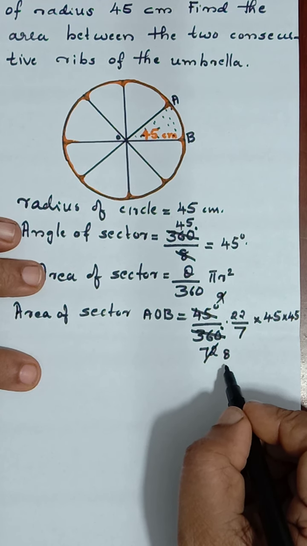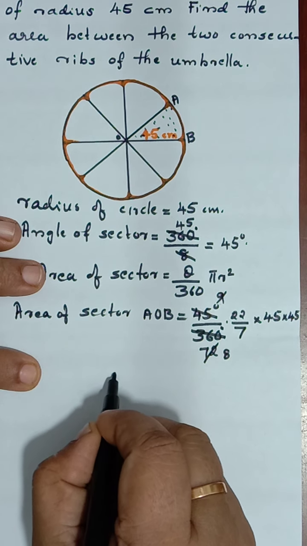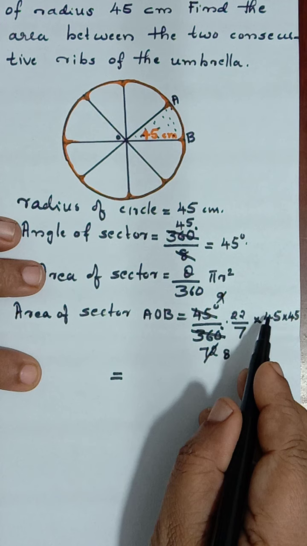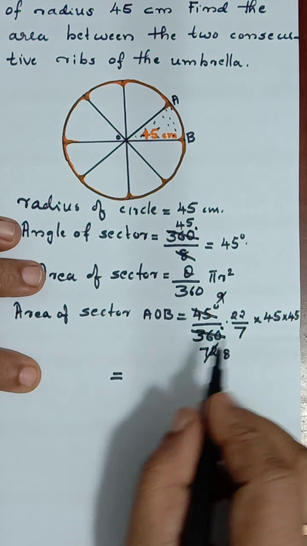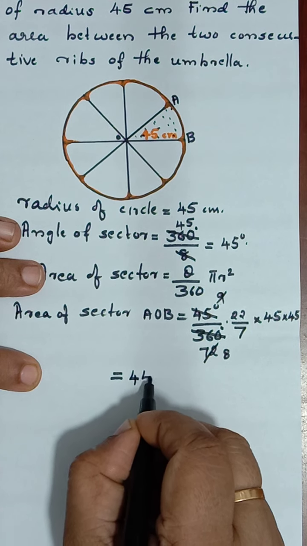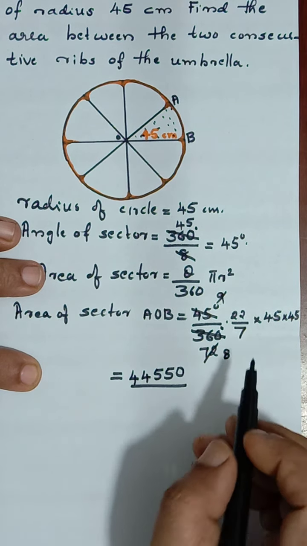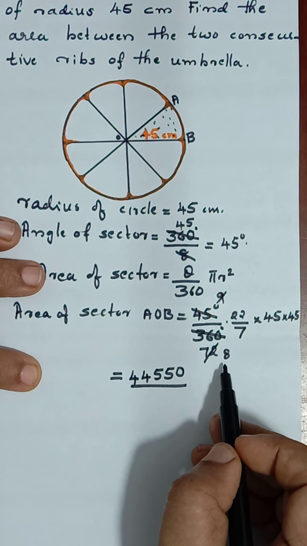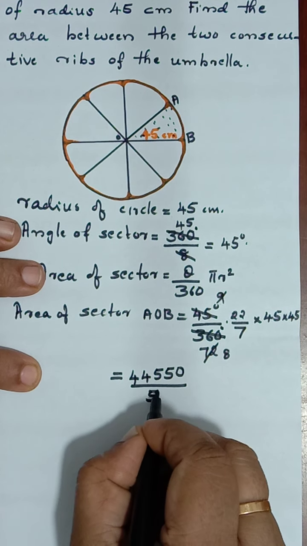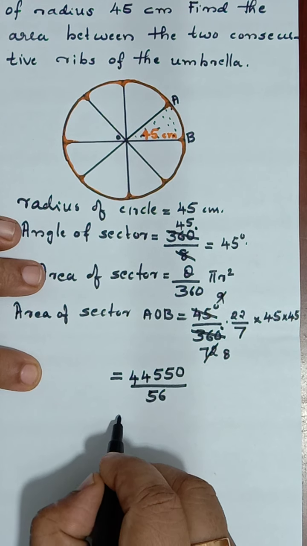Now it is difficult to cancel, so we multiply 22 into 45 into 45, you will be getting 44,550 divided by 7 8s are 56.